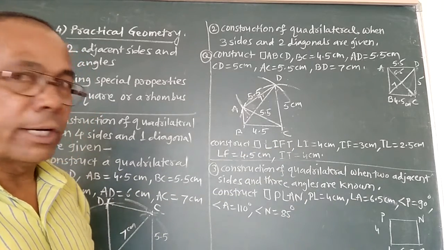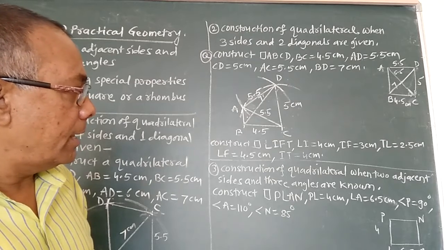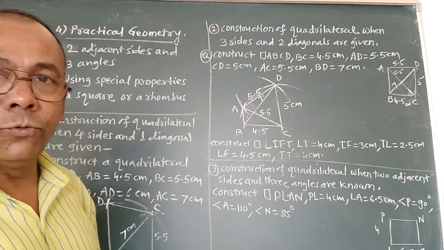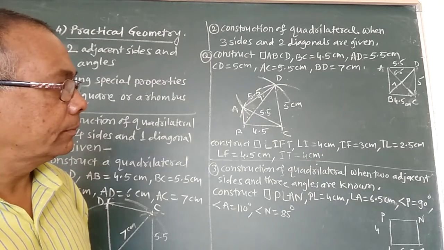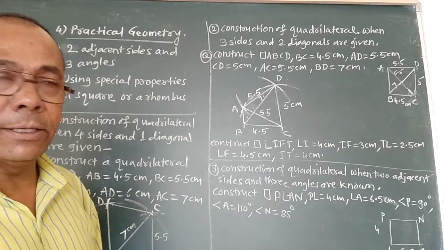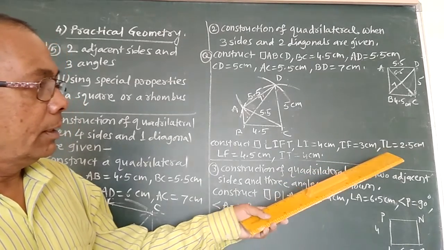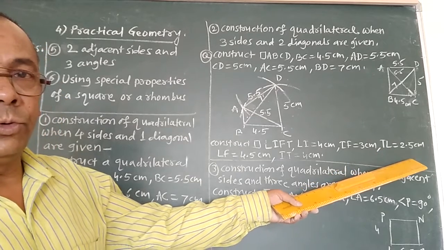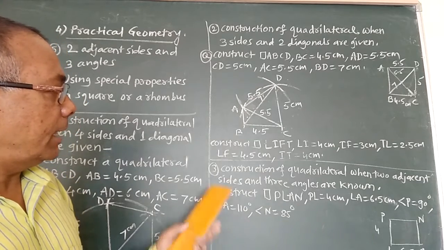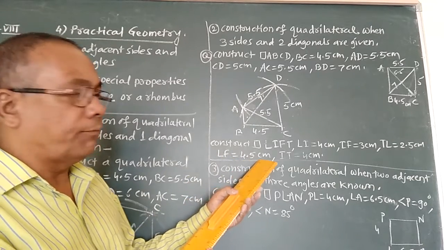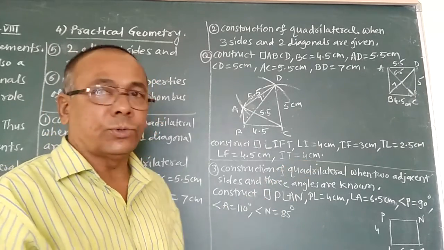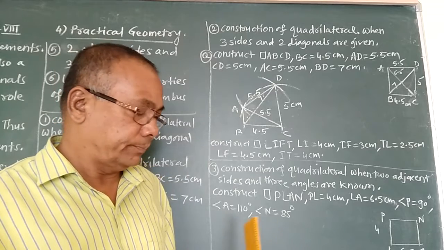Construct quadrilateral LIFT in which LI is equal to 4 centimeter, IF is equal to 3 centimeter, TL is equal to 2.5 centimeter, LF is equal to 4.5 centimeter, and IT is equal to 4 centimeter.